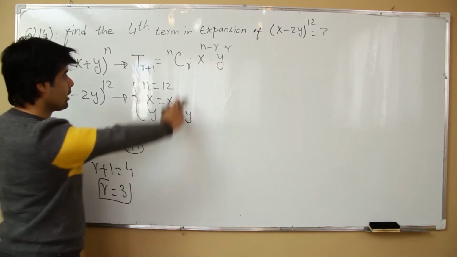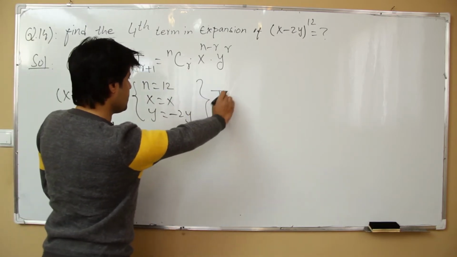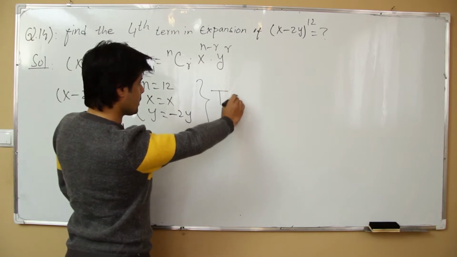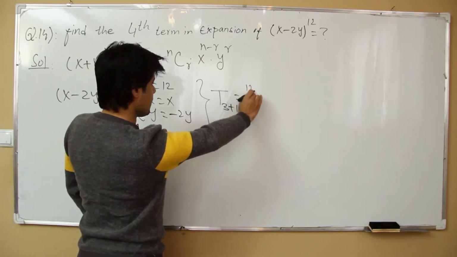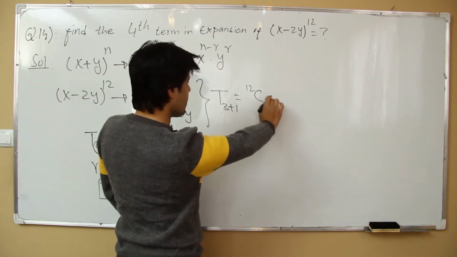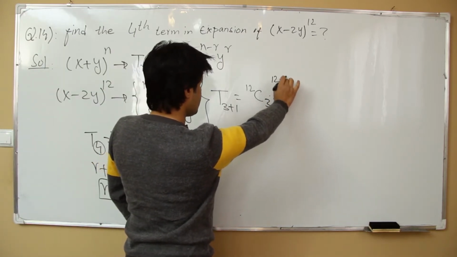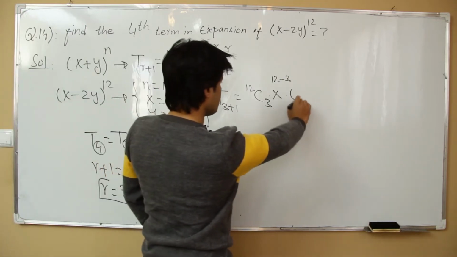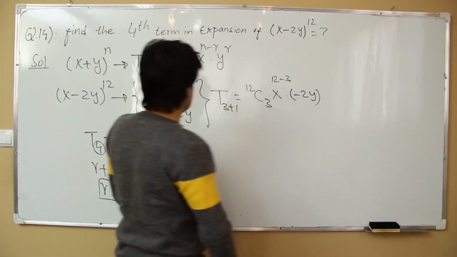Now put in this equation instead of r: T(3+1) is equal to n is 12, C, r is what? 3, x is x to the power 12 minus 3, y is minus 2y raised to the power r.